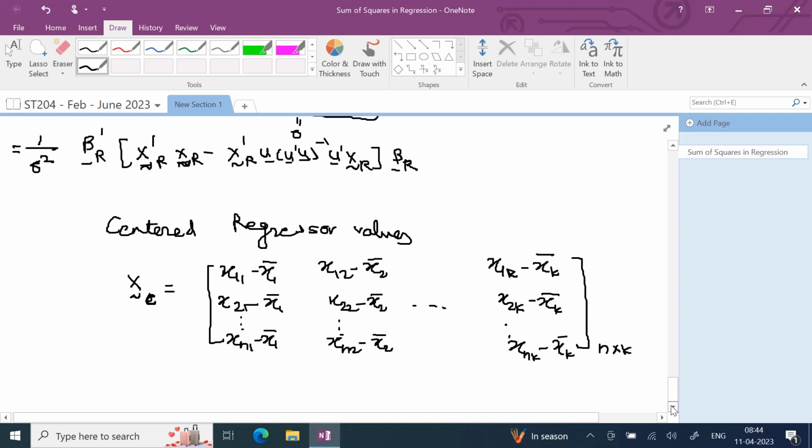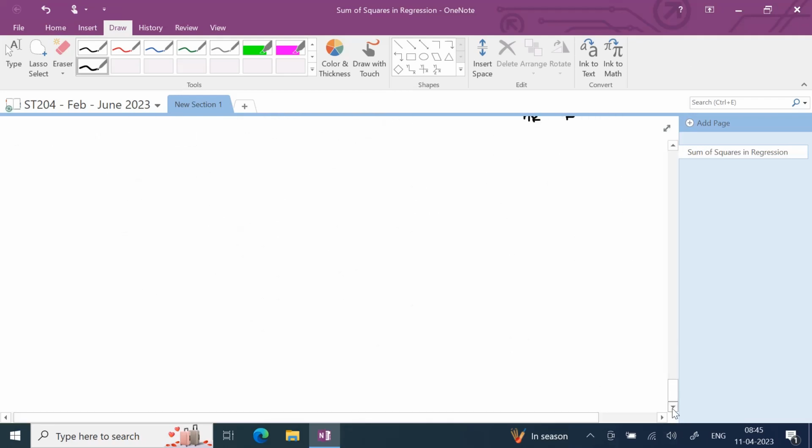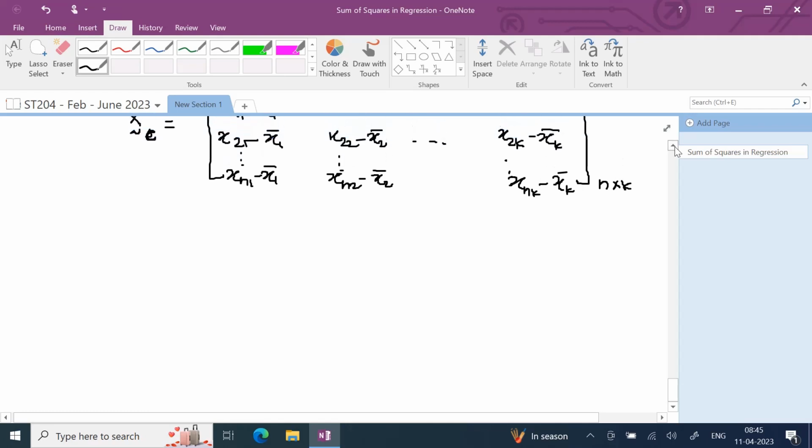Why does it help? You can see here this u prime u whole inverse u prime. We have already seen this does the job of averaging. So if I take xc prime xc, I'm going to get the same matrix that we have here. This is homework for you. It's algebra, nothing else.